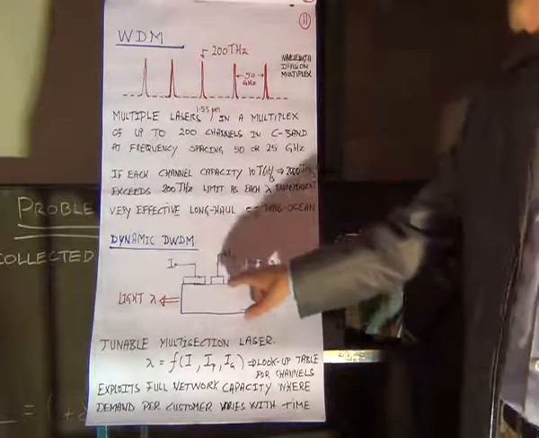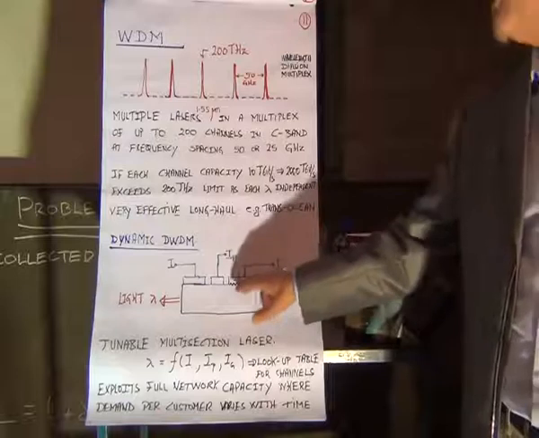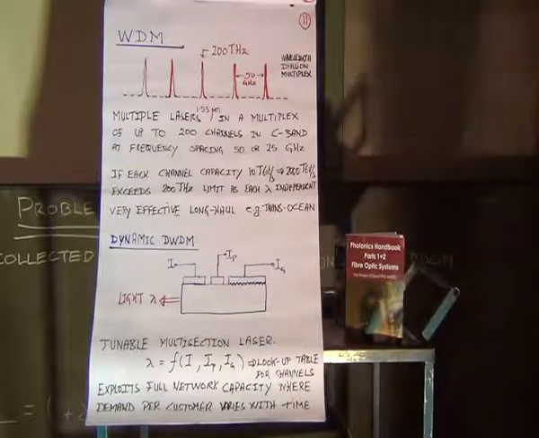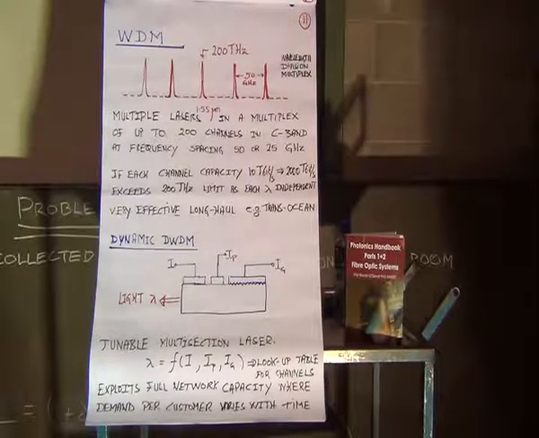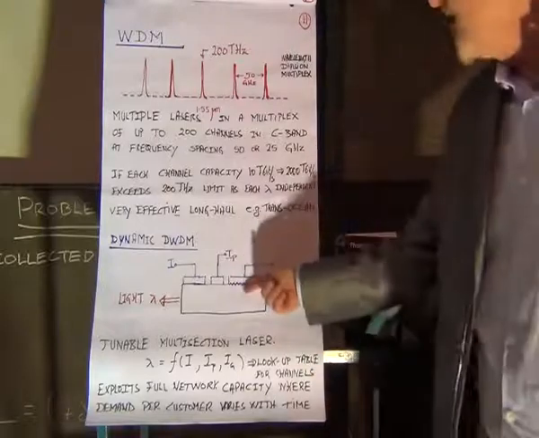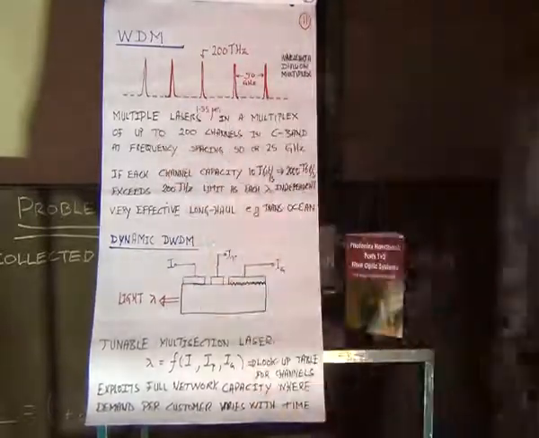One of the sections of it has got a diffraction grating, which works like the prism on Pink Floyd's album cover, except it's doing it with a diffraction grating instead of a prism. And it reflects back a single wavelength.